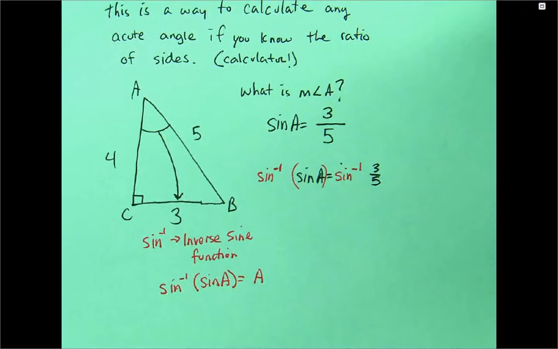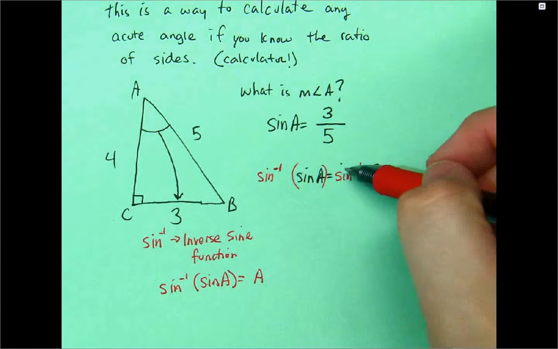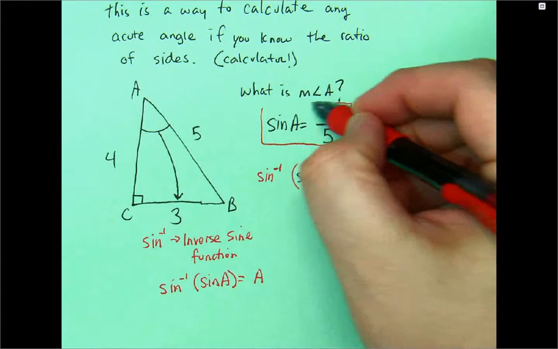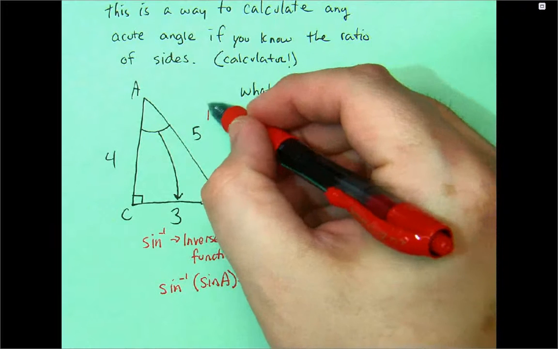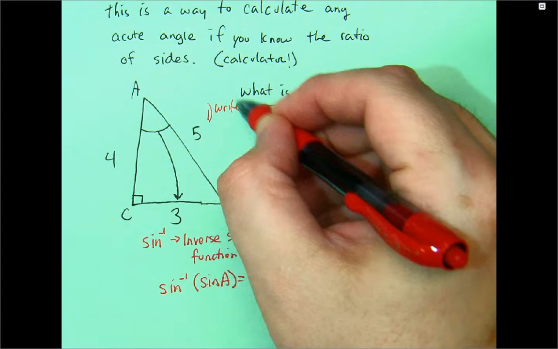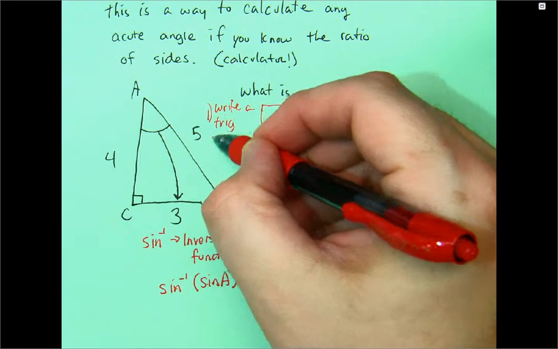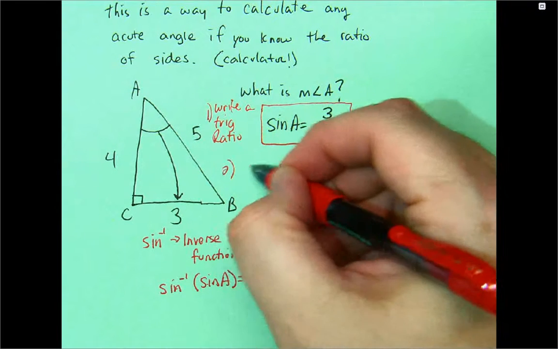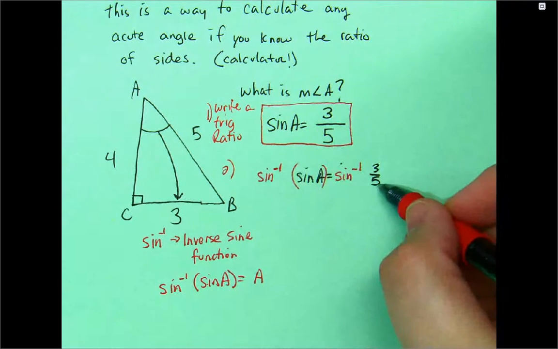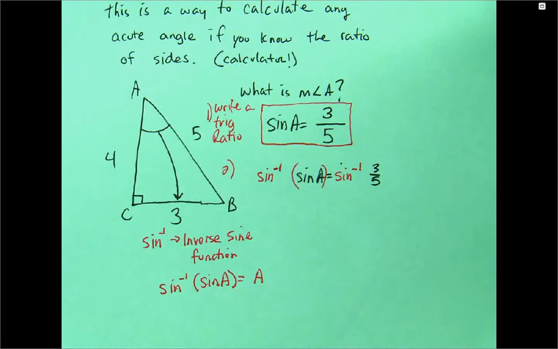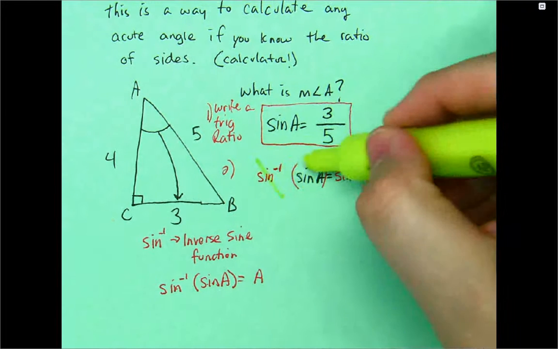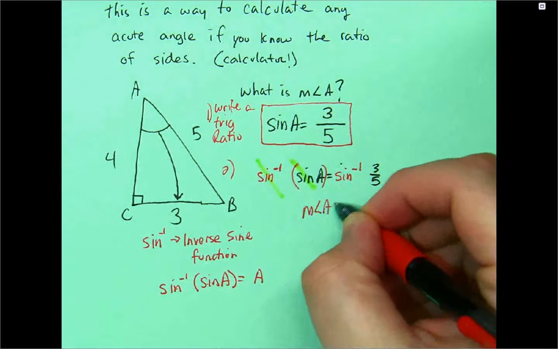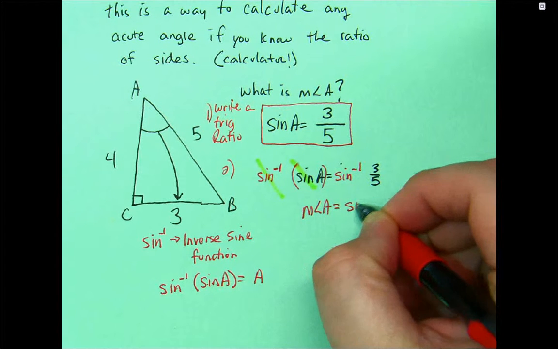Whenever we have anything like this, start with writing a trig ratio. Then use the inverse of that, because this sine and that inverse sine cancel each other out, and I'm left with the measure of angle A equal to the inverse sine of 3/5.